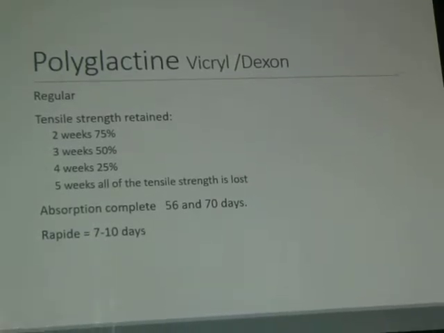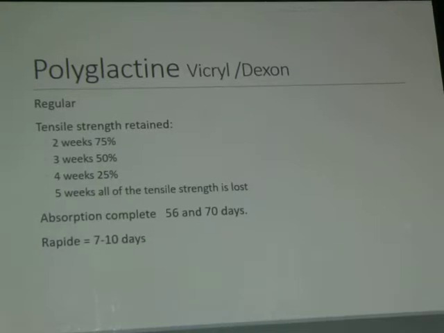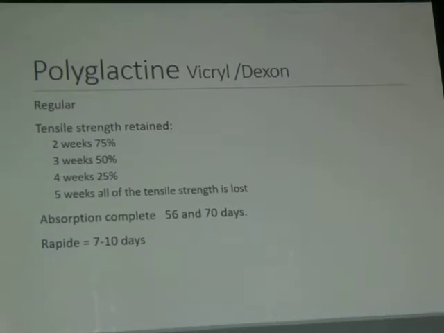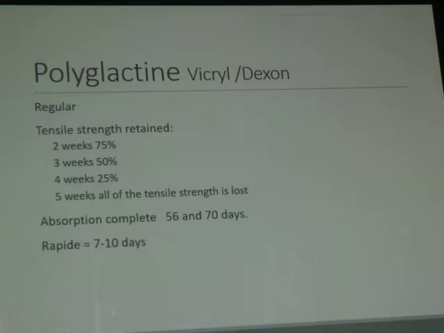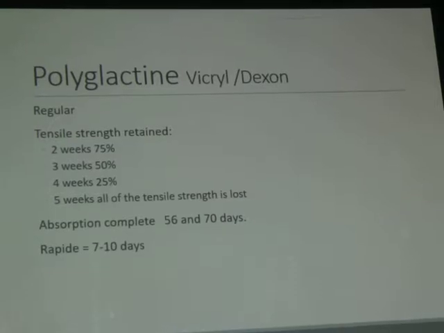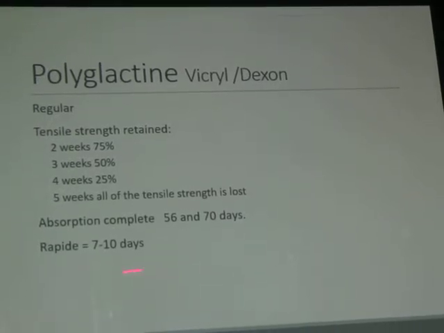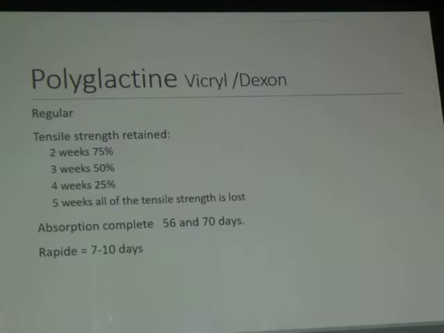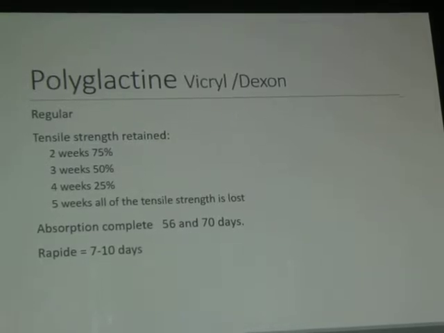So after 5 weeks even if you see the suture it does not cause any tissue healing, it does not support the tissue, and if you need something longer than this you should not use Vicryl. There is a variety of Vicryl which is the rapid variety which is usually used in the skin and in surface mucosa which dissolves in 10 days.